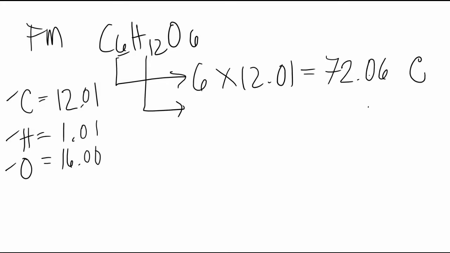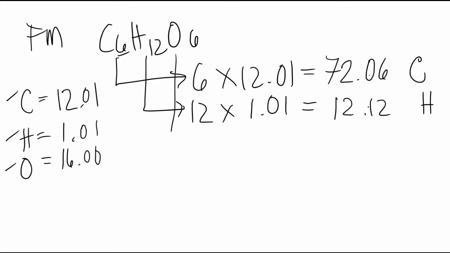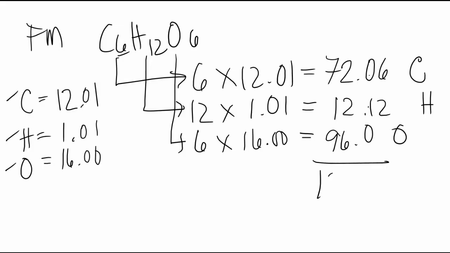Then for hydrogen, we have 12 hydrogen times 1.01 kanyang atomic mass. We have 12.12 grams of hydrogen. And then for oxygen, we have 6 oxygen times 16.00, that is 96.0 oxygen for a total of 180.18.